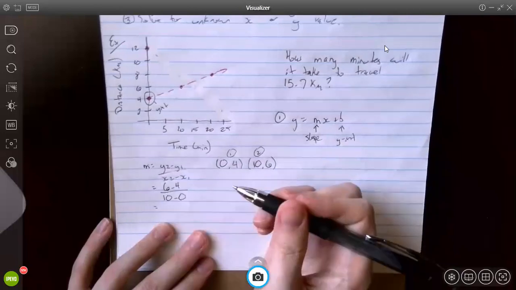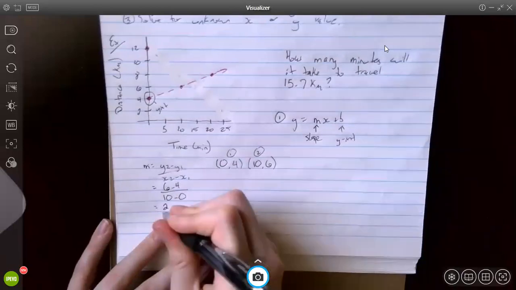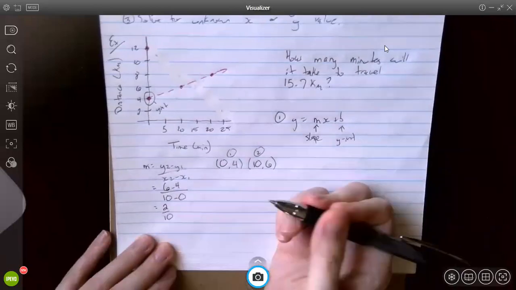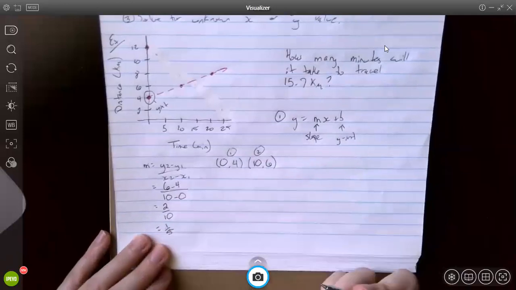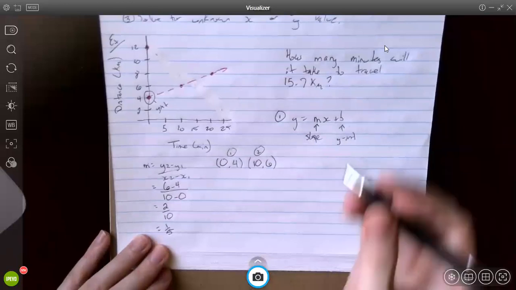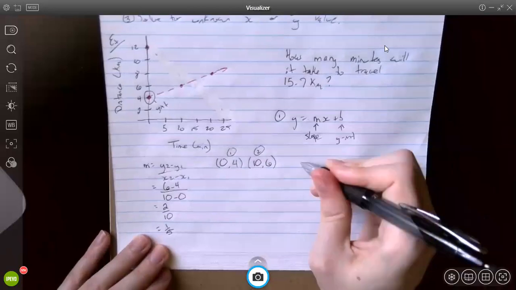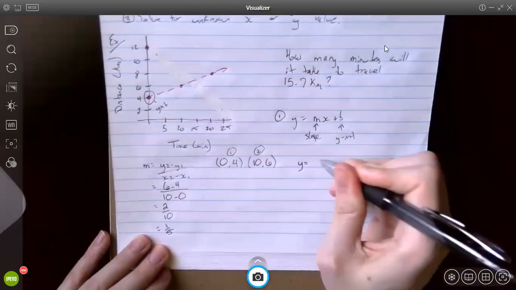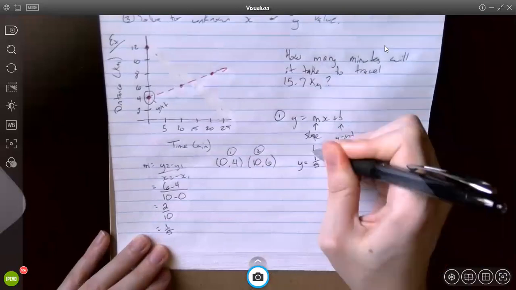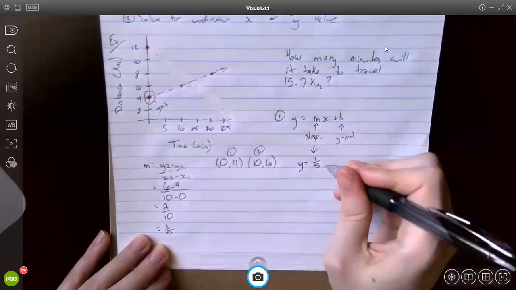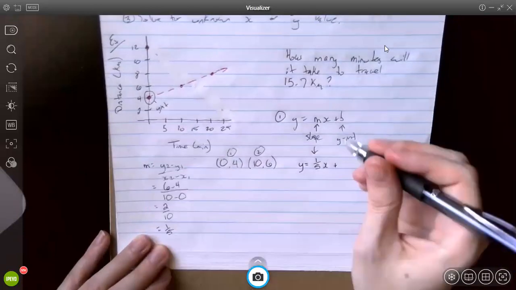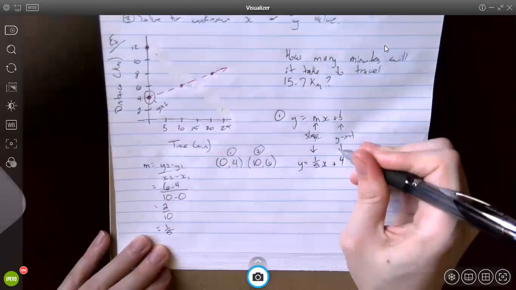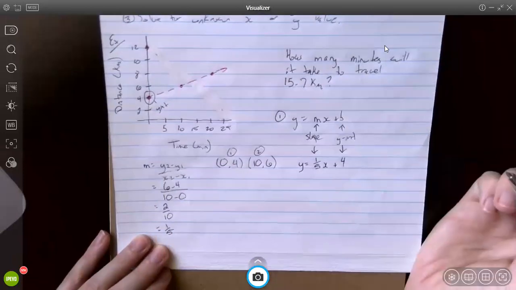So that gives me 2 over 10, or 1/5, if I put it into lowest terms, as my m value. So now I'm going to go back over to my equation here and plug in my slope of 1/5. Keep my x, and my y-intercept of 4. Okay, so that is my first step.